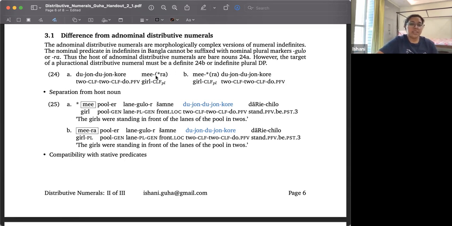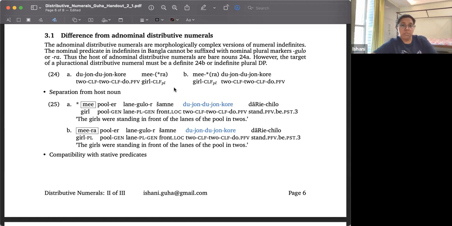So here, a plural classifier ra or gulo cannot follow the noun. So dujon kore mera is not a permissible form, right?